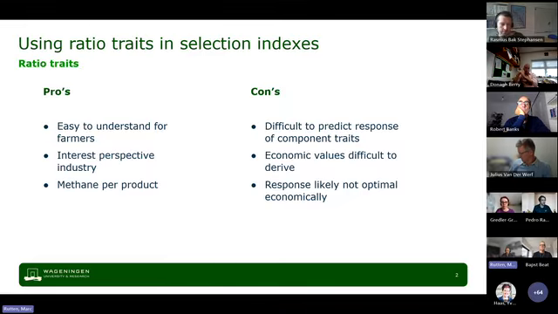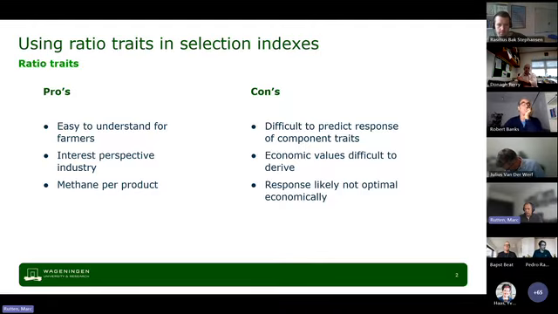And if we think about the context of methane, you can define methane as direct production, but also as a ratio with a per product definition, or per head, or per farm, or per anything.